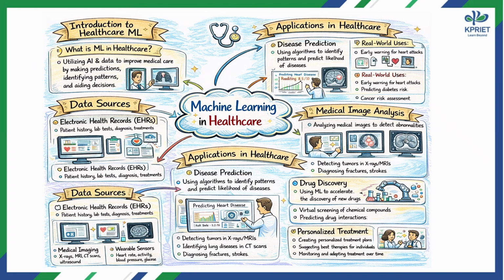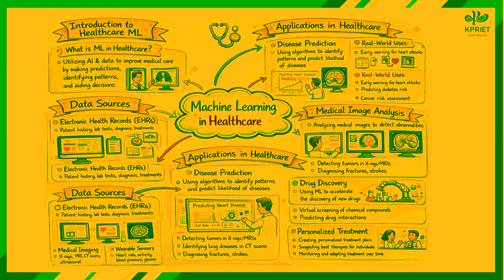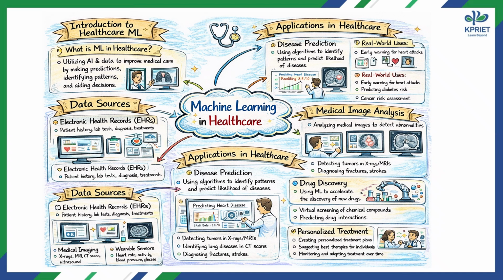And machine learning in healthcare. Why is machine learning used in healthcare? Because it makes use of artificial intelligence and data to improve medical care by making predictions, identifying patterns and aiding decisions. In disease prediction, algorithms identify patterns and predict the likelihood of diseases.